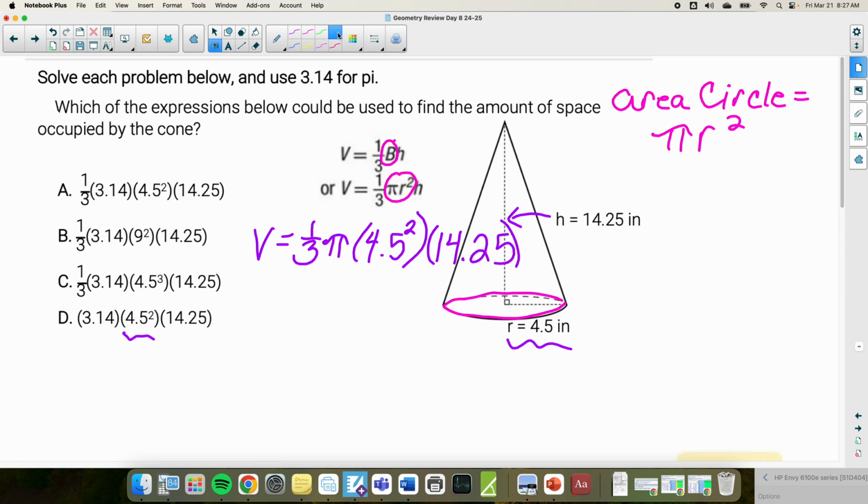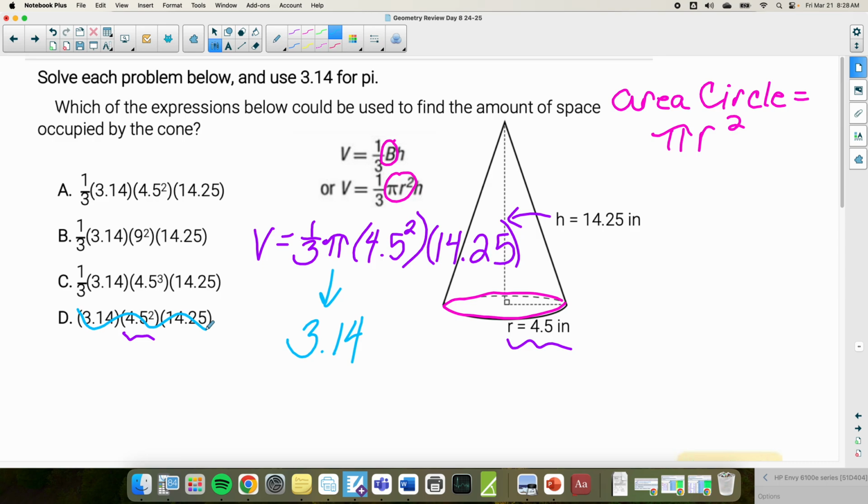So what we need to do is just figure out which one this is. Another thing too, for pi, they don't use the pi key, they use 3.14, which in our class, we've been using our pi key on our calculator. So it'd be 1/3 times 3.14 times, it's not this one because there's no 1/3.